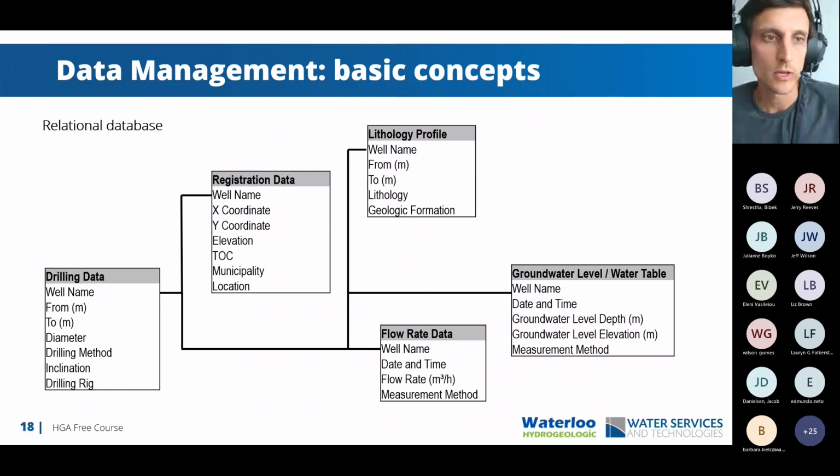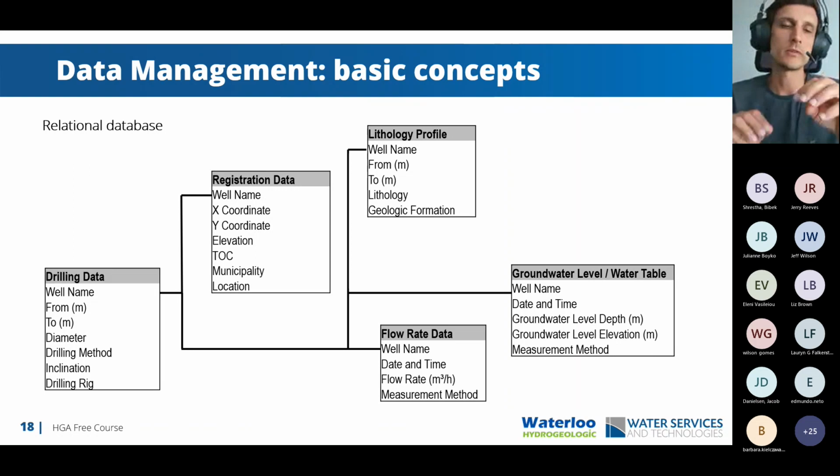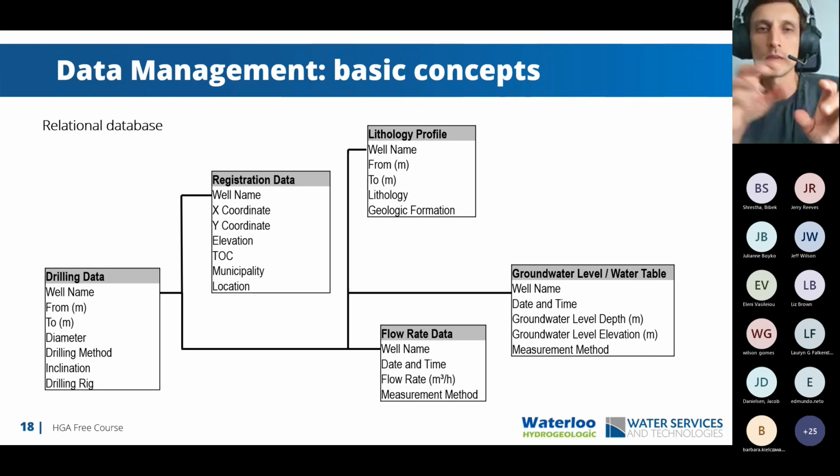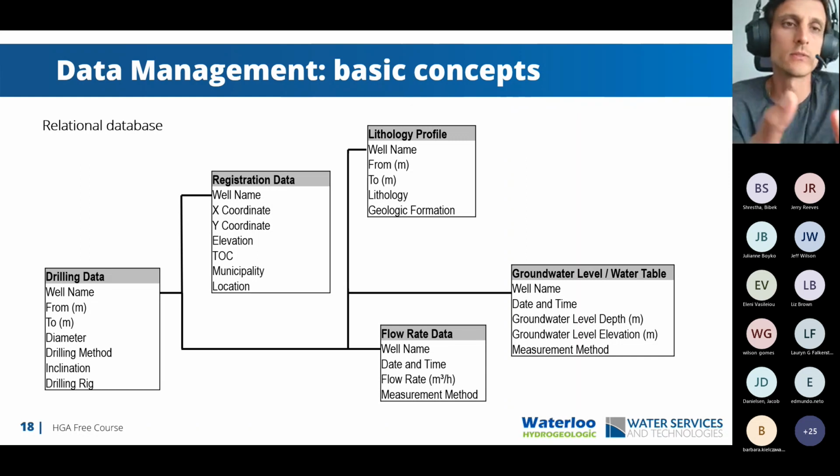Because from this table here, you get the drilling data for this well. On this table here, you get the coordinates and other information for this well. On this table you have the lithology information. So you have a lot of different information for the same well, in different tables. And all these tables have this column in common, the well name.